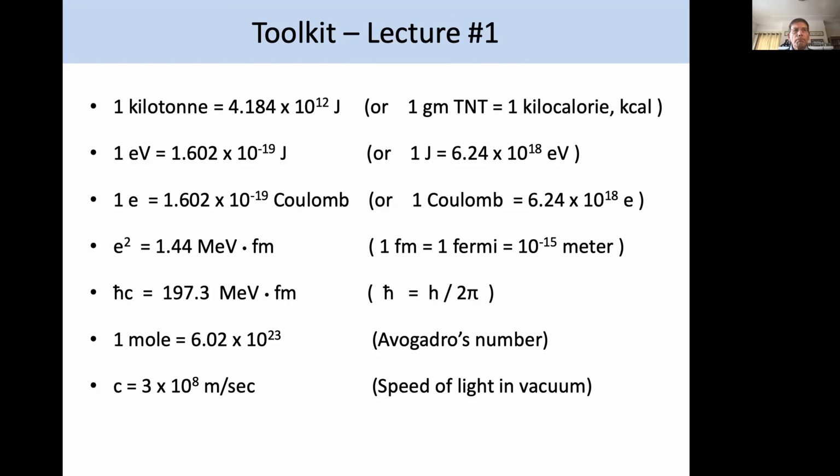Of importance for you is the definition of a kiloton in MKS units, and then the relationship between the atomic nuclear language of electron volts, and the things that we deal with in the ordinary world in MKS energies, in joules and so forth. Okay.